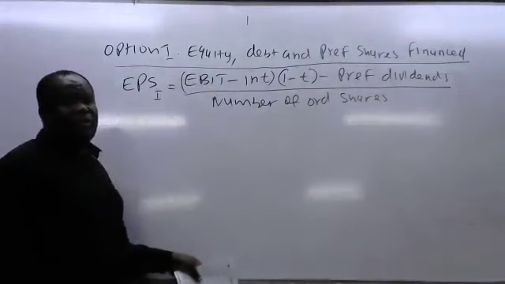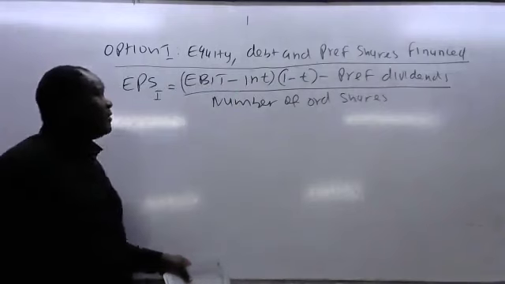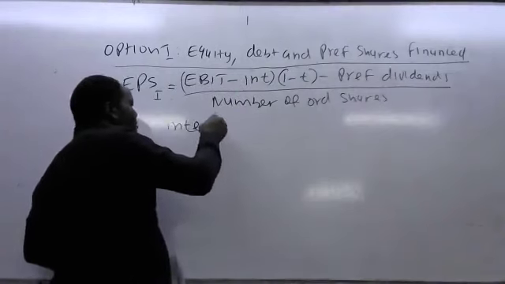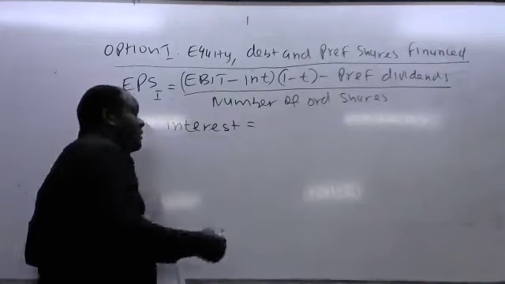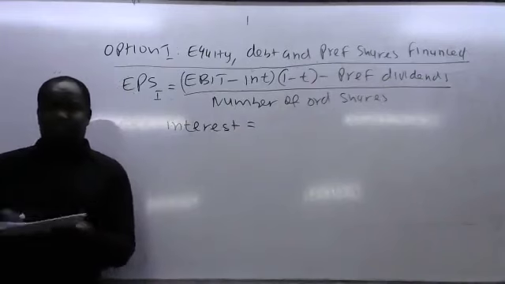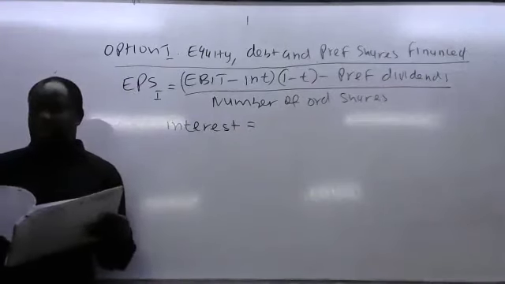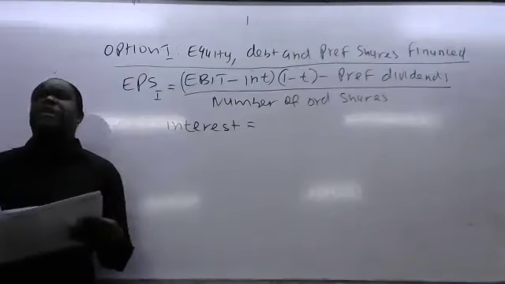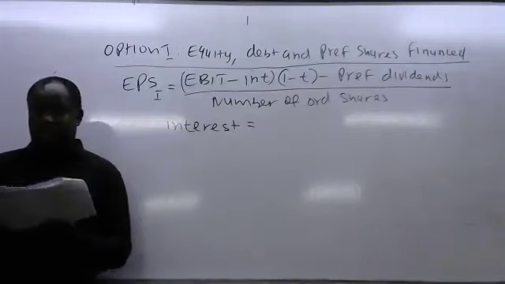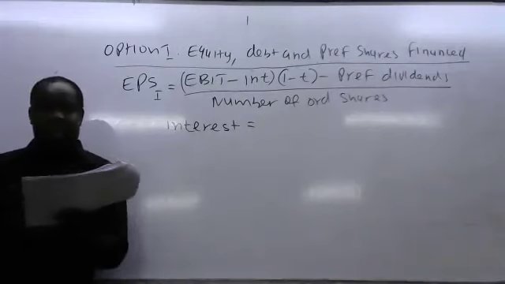So in the question we compute the interest. When it comes to the interest, we check in the current capital structure. So in the current capital structure, are you able to see 14% debenture capital?